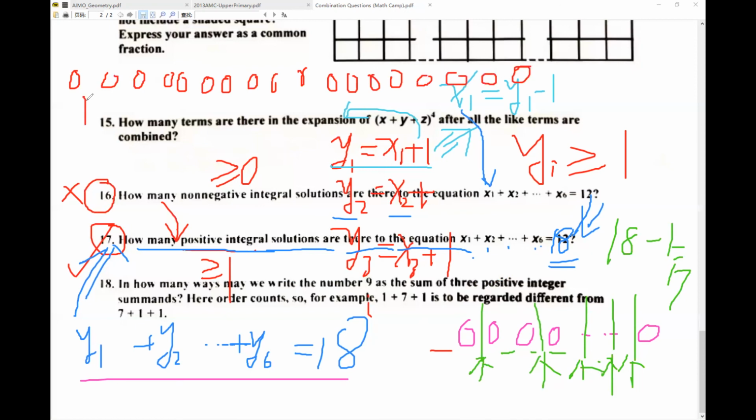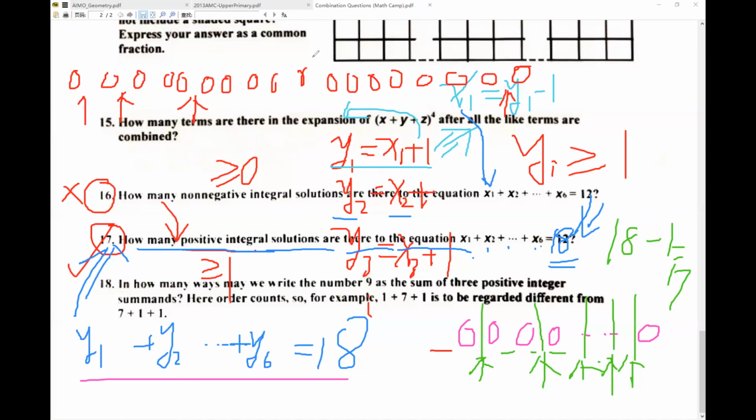So now the question is how many gaps are there? 17, yes, one less. If you put bars at the ends, the number would be 0. We cannot have 0. It must be at least 1, right? So the gaps is 17.